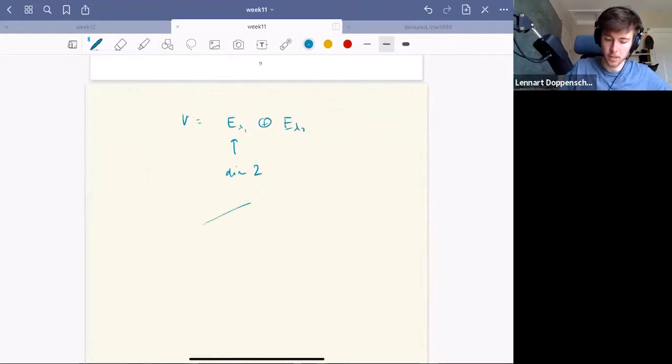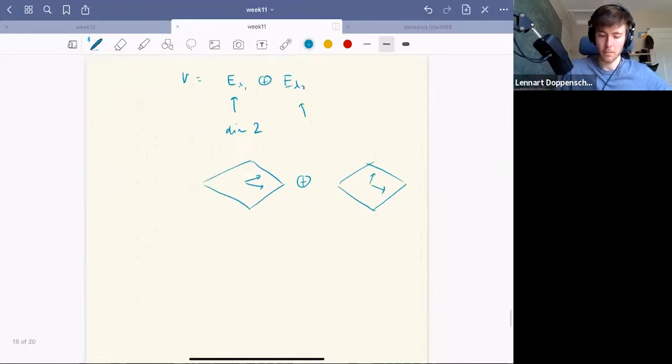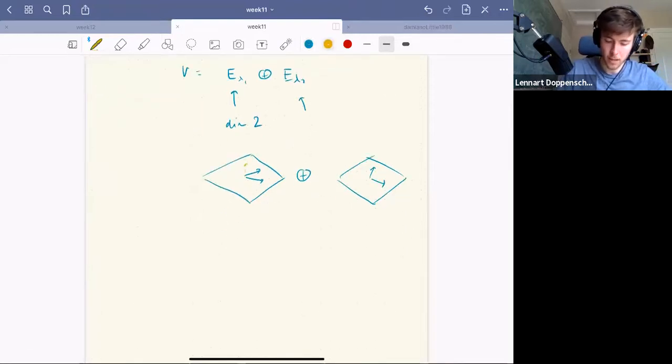So this is just a plane, it's just R2. Then you could find a basis of this and combine it with the basis of this. So the basis of the whole space might be any basis of the first eigenspace and the second eigenspace. But you could easily just rotate these, and you get a completely different basis in the first eigenspace, and then combine it with the second. And so the eigenbasis or the canonical basis doesn't have to be a multiple of every other eigenbasis.